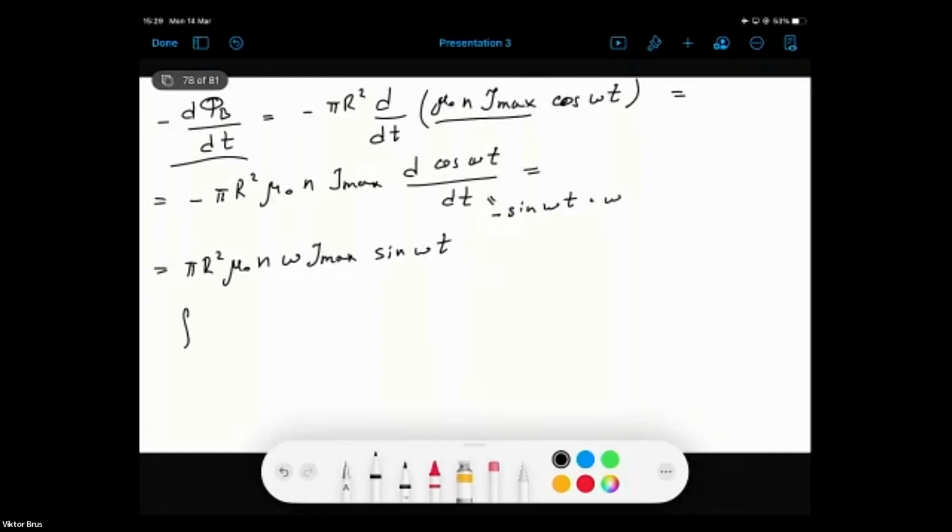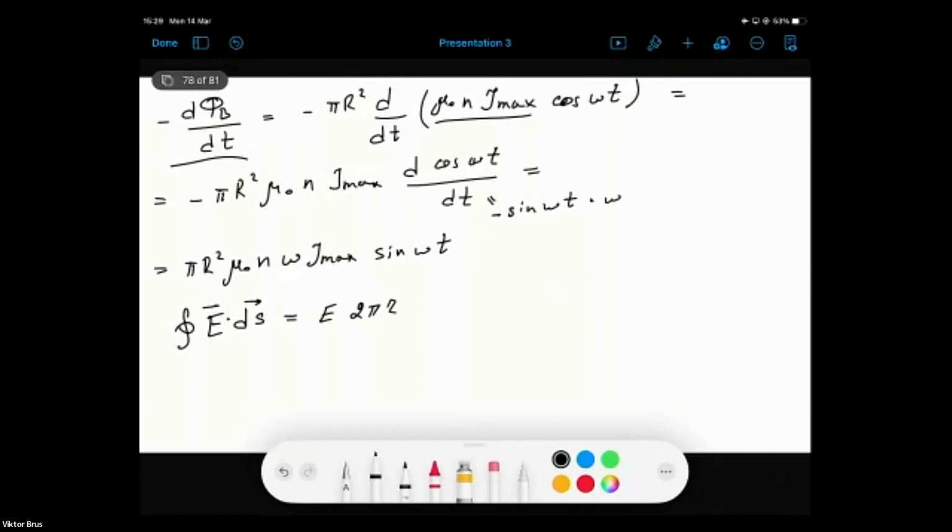The integral over this closed path of the electric field, dot product with the ds vector, assuming a circular path, will be just E, the induced electric field, times the circumference of the loop, 2 pi r.